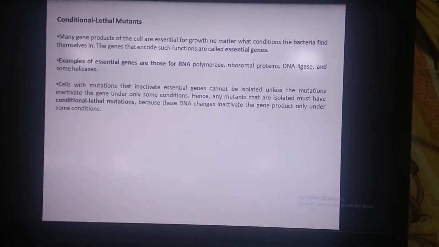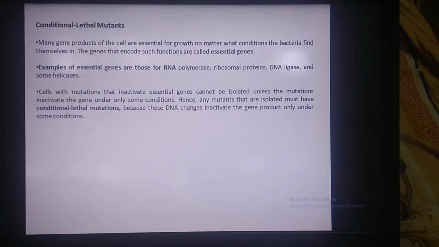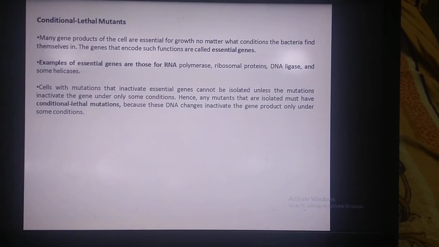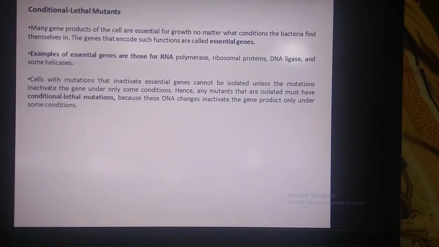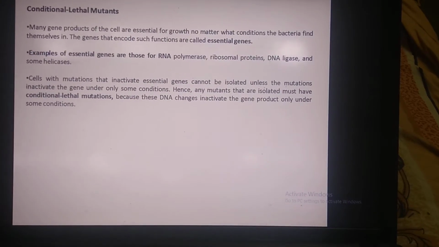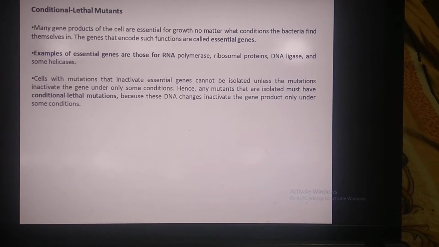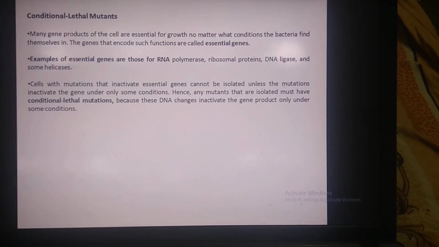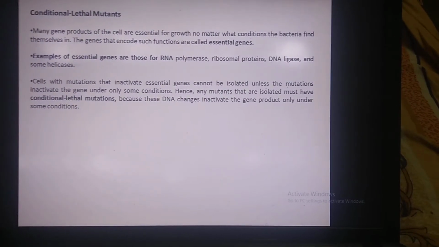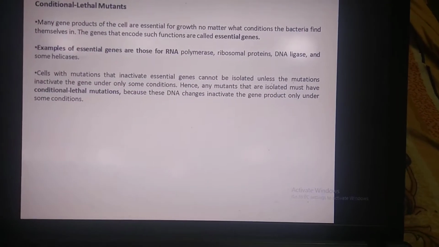Most of this type of mutation occurs in essential genes. Which are the essential genes? Those required for RNA polymerase, for translation like ribosomal proteins, DNA ligase, helicase. That means DNA metabolism proteins, right? If there is a mutation in these genes, the cell will die, because if there is a defective RNA polymerase, the cell will not produce enough mRNA, tRNA, rRNA to survive.